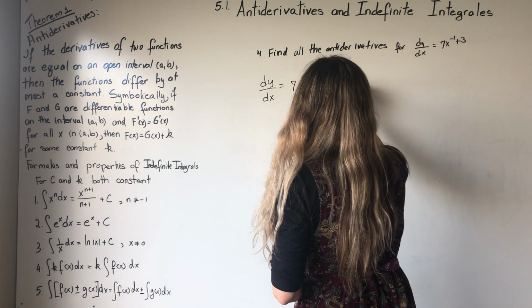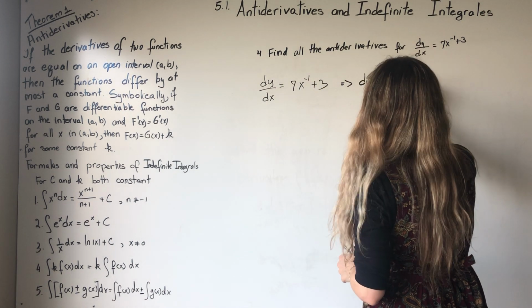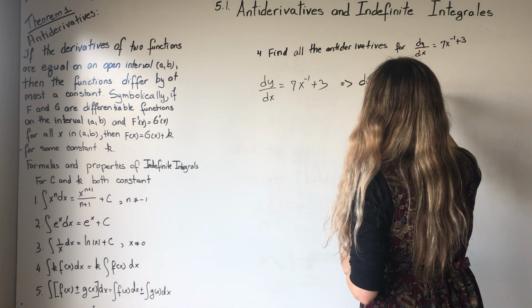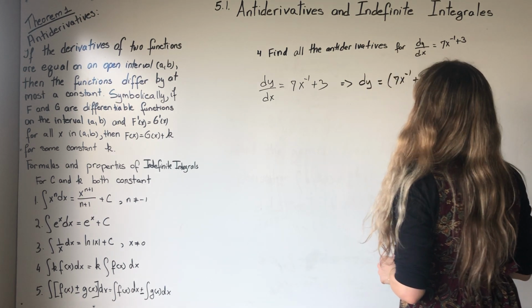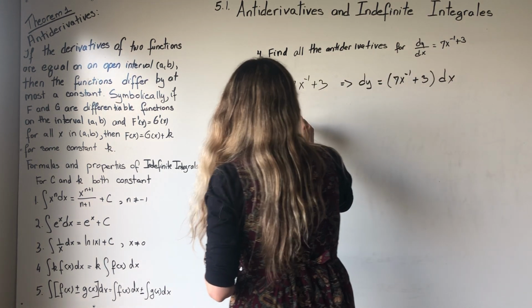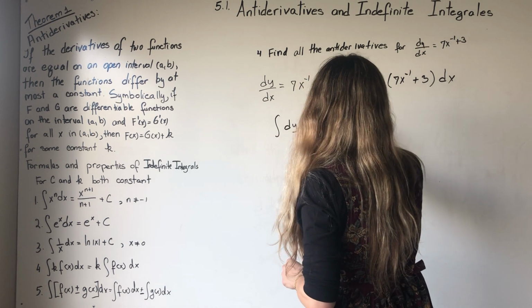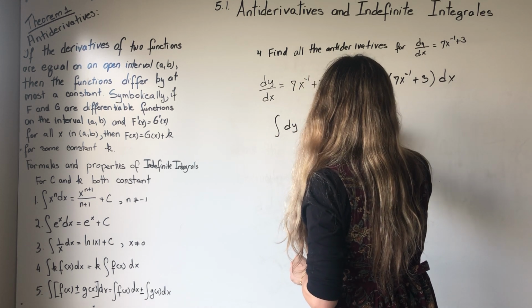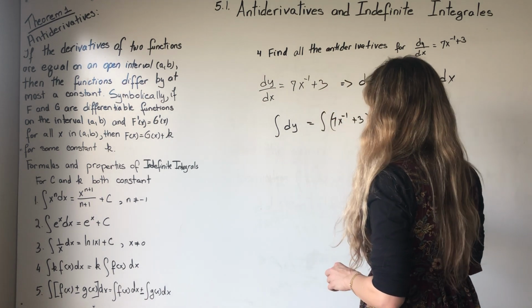So from here, we know that dy is equal to 7x to the power of negative 1 plus 3 dx. So let's take the integral of both sides. Integral of dy is equal to the integral of 7x to the negative 1 plus 3 dx.